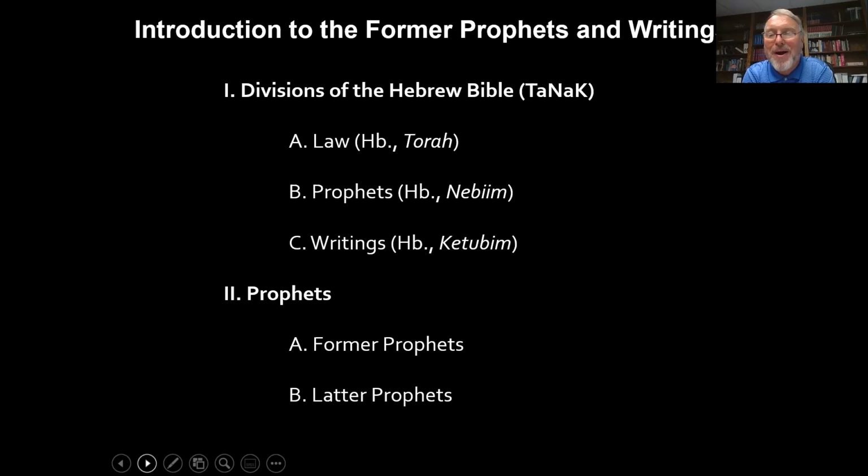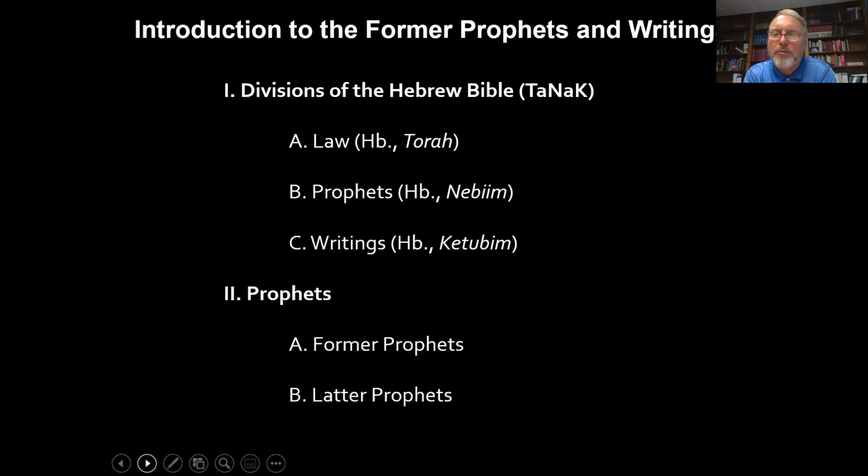Not so clear in Jeremiah, it's a hard book to outline, but also in Ezekiel, that flow from rebellion and judgment into repentance and God's forgiveness and restoration, a hope for the future. So those books are studied all in Old Testament 3, along with Lamentations and Daniel from the writings. So that's something that you can look forward to for the future.